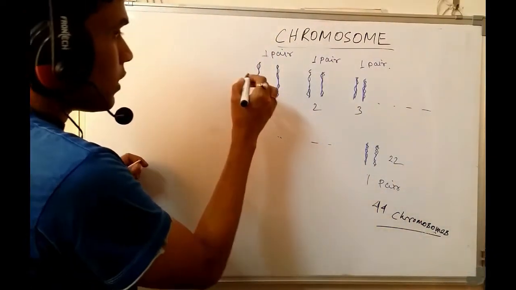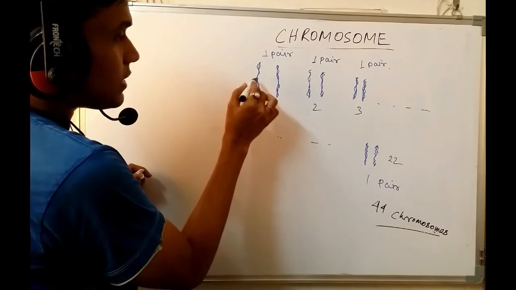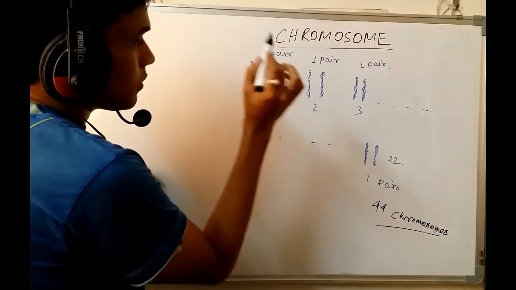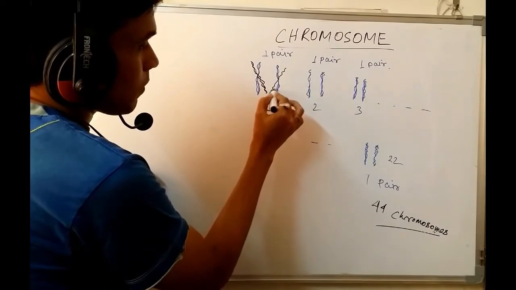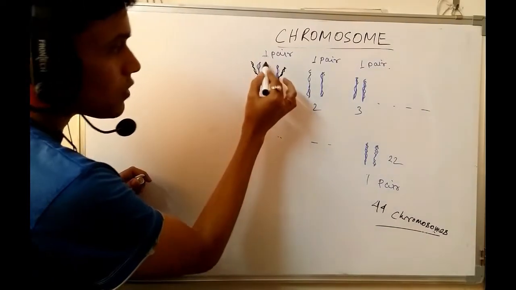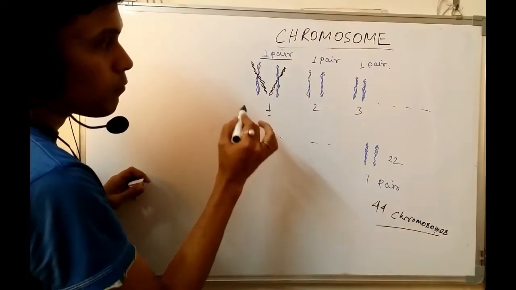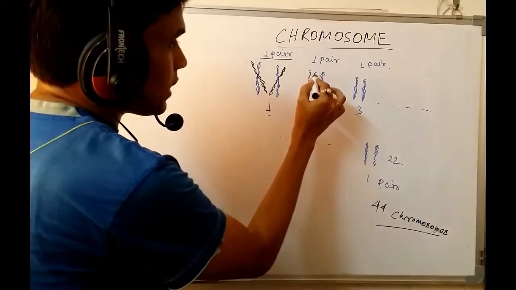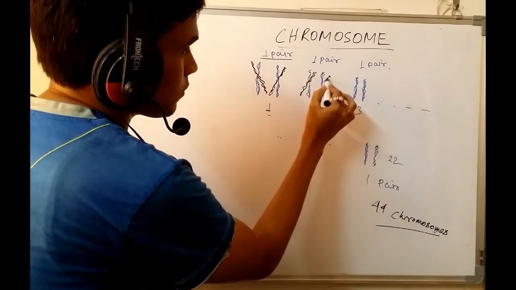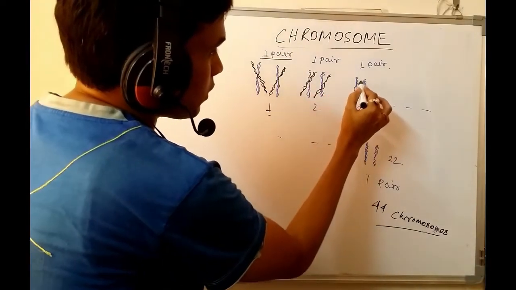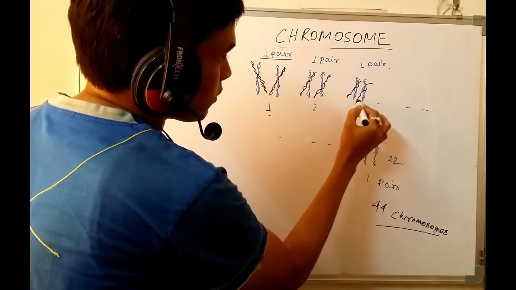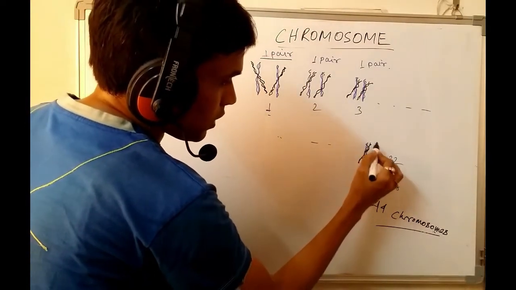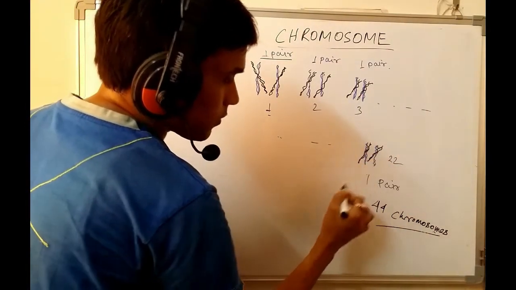When the DNA is replicating, after replication you get not just one pair of chromosome 1, but two pairs of chromosome 1. This is another pair, this is another pair.